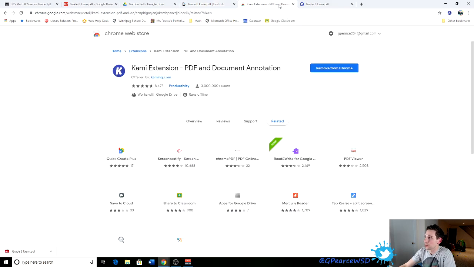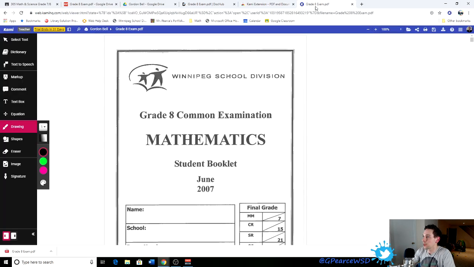But you can also download this extension called Cami. The Cami extension is a way of marking up a Google document or a PDF file. For example, I've gone through the steps and I have the trial version here for the next month.